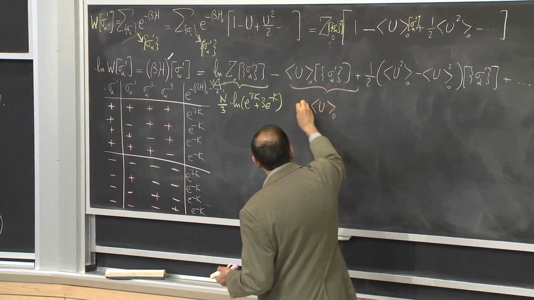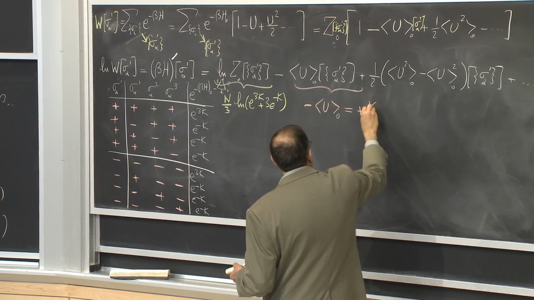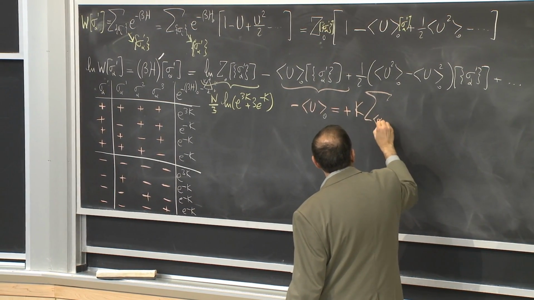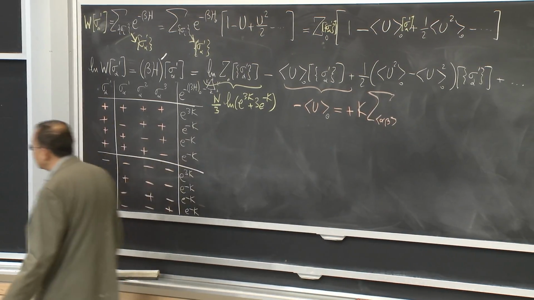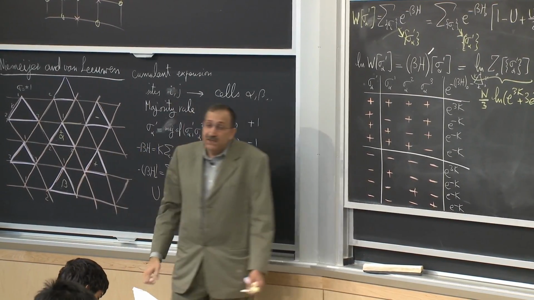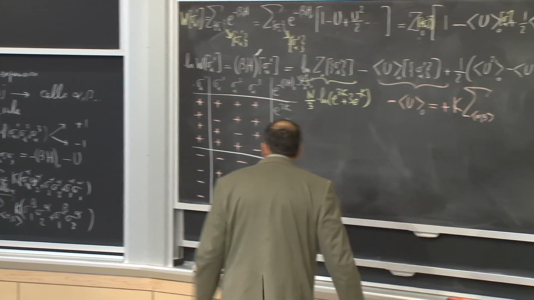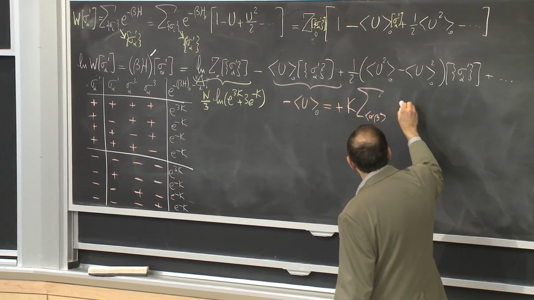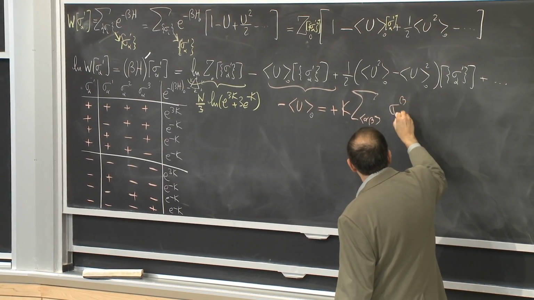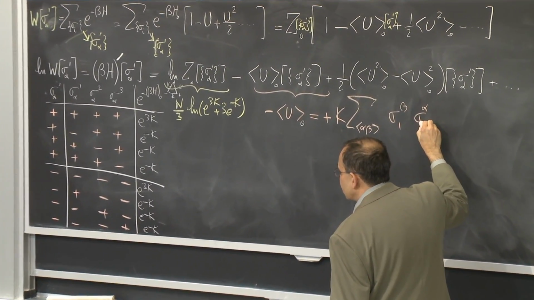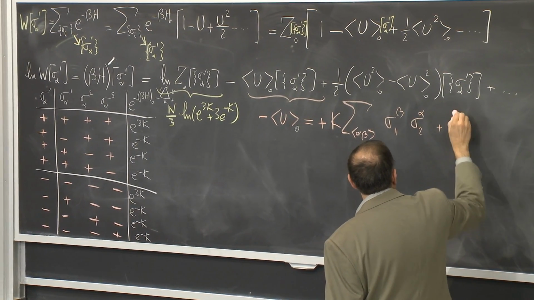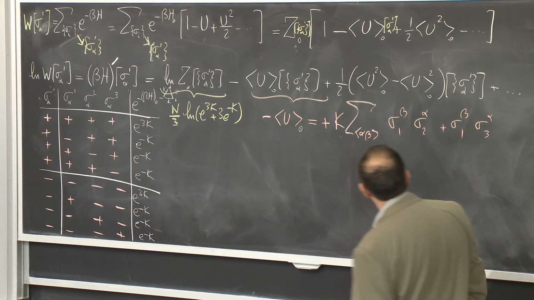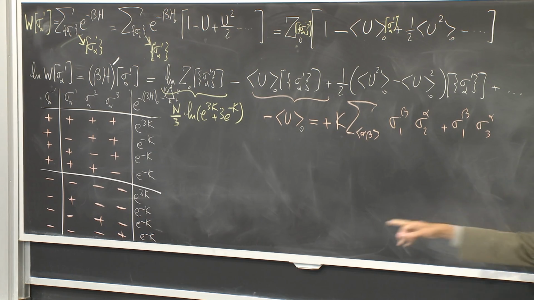So I put the minus sign here, actually, it is plus k, sum over all pairs that are neighboring each other. For example, like the pair alpha beta I have indicated, but any other pair of neighboring cells. I have to write an expression such as this. So I have the k, I have sigma beta 1, sigma alpha 2 plus sigma beta 1, sigma alpha 3. Okay? So this is the expression that I have for U.